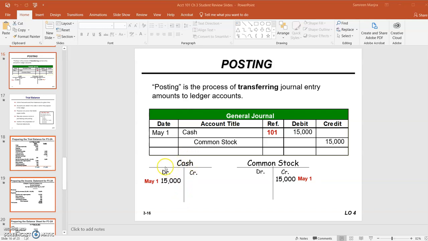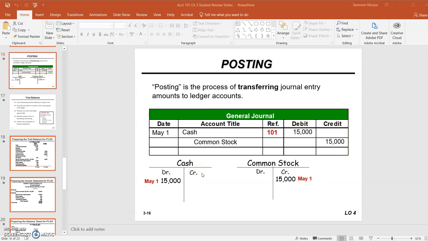We have the abbreviation DR for debits, which are recorded on the left side, and the abbreviation for credits, which are reported on the right side. And regardless of what the classification is, the debits are always going to be on the left and the credits are always going to be on the right side.